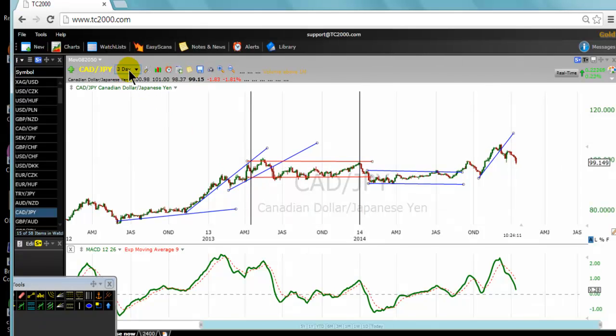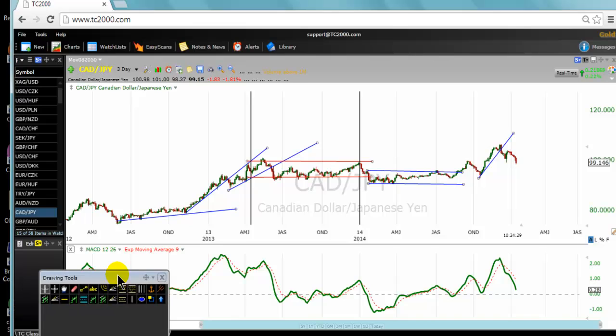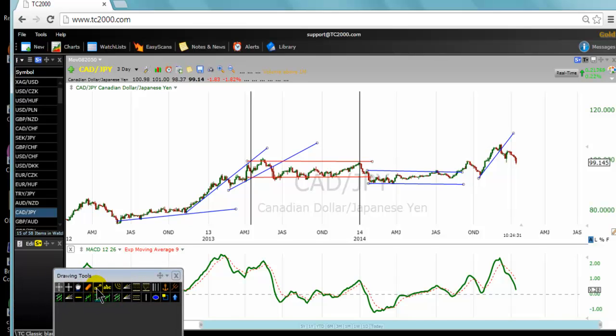But because I'm on a 3-day chart, there's something else we can do to help us trade during this period. On a 3-day chart, we see that the price is consolidating. But if we switch our time frame, for instance, to the 4-hour chart, all right, we will see that while we are still in a consolidation phase on the 3-day chart, on a 4-hour chart, while the price is going up here, we will have a rising channel.